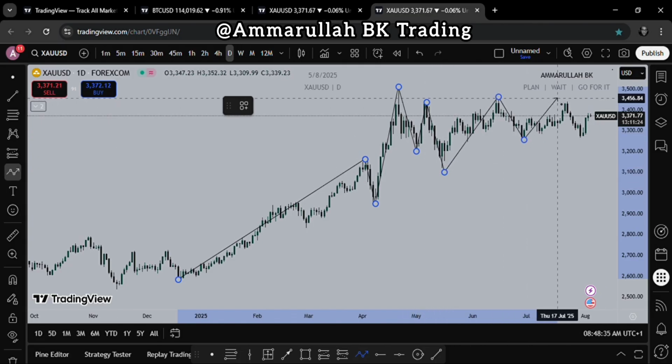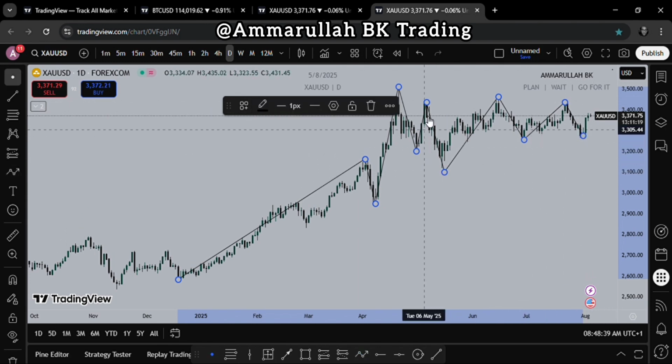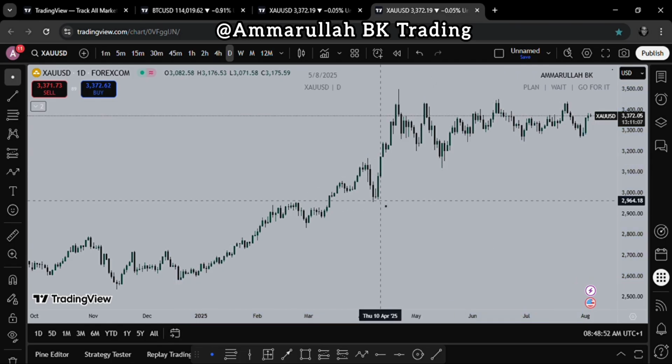Then now it is ranging, if you can see from here. After this high, low, high, lower high, then lower low, then it keeps ranging at where it is now, right?